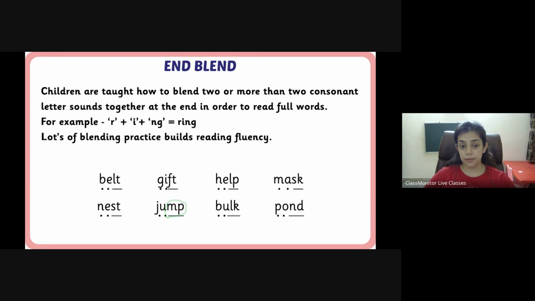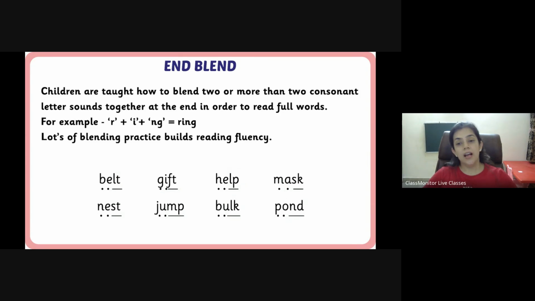Jump. Bulk, bulk. Pond, pond. Now the word here, mask. Yes, the word here, mask. Now, ASK is a tricky word. You can even make words with the help of tricky words.